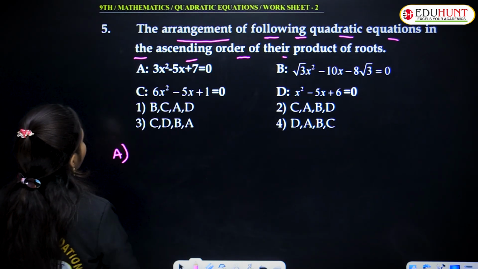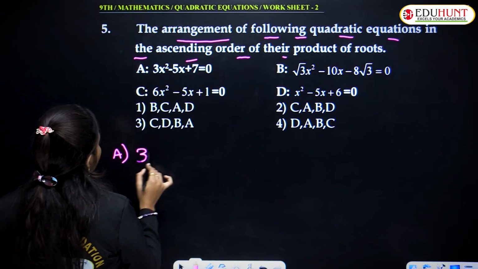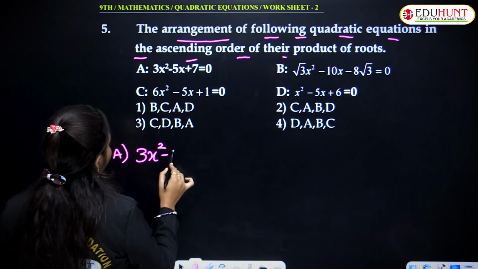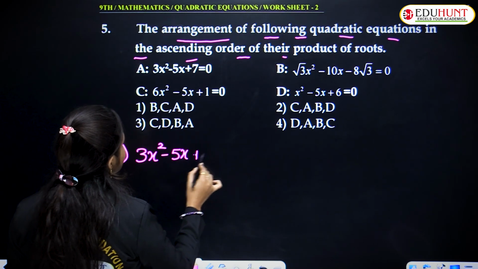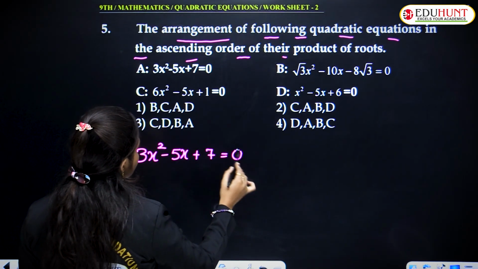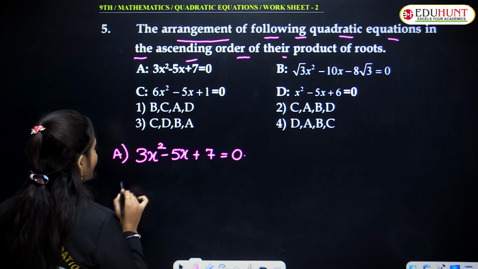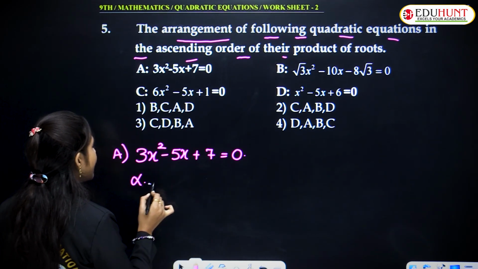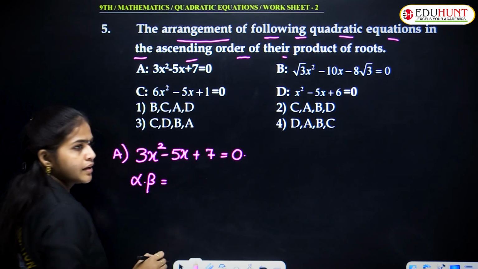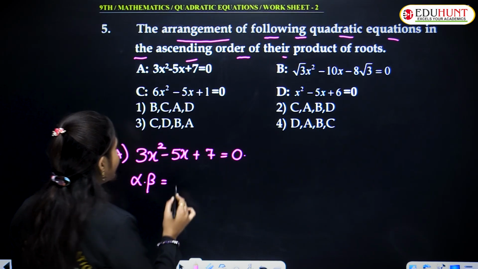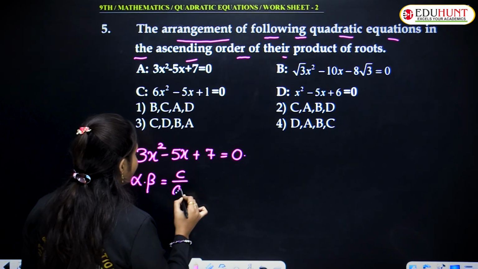Option A is 3x square minus 5x plus 7 is equal to 0. So this is the given quadratic equation. Now the product of the roots, which means alpha into beta, is equal to c by a.